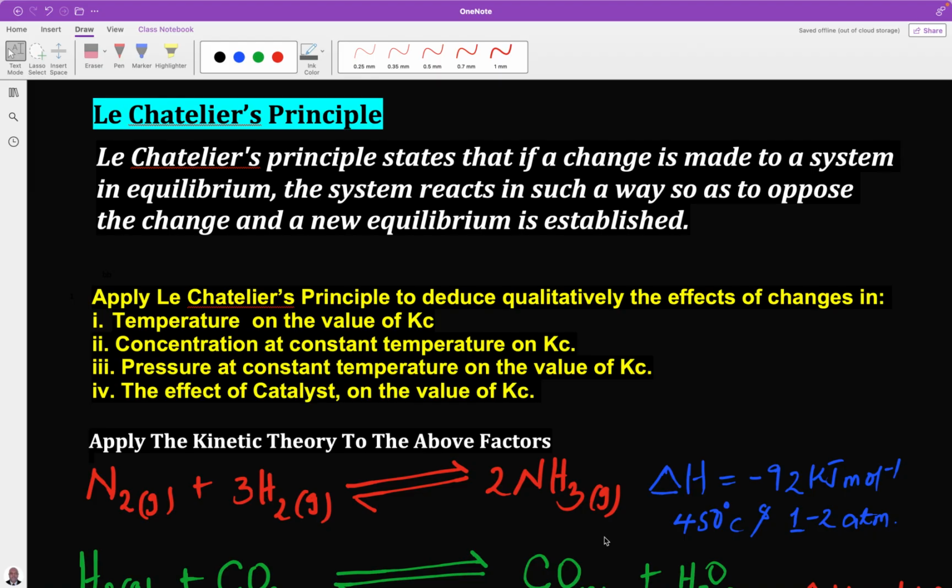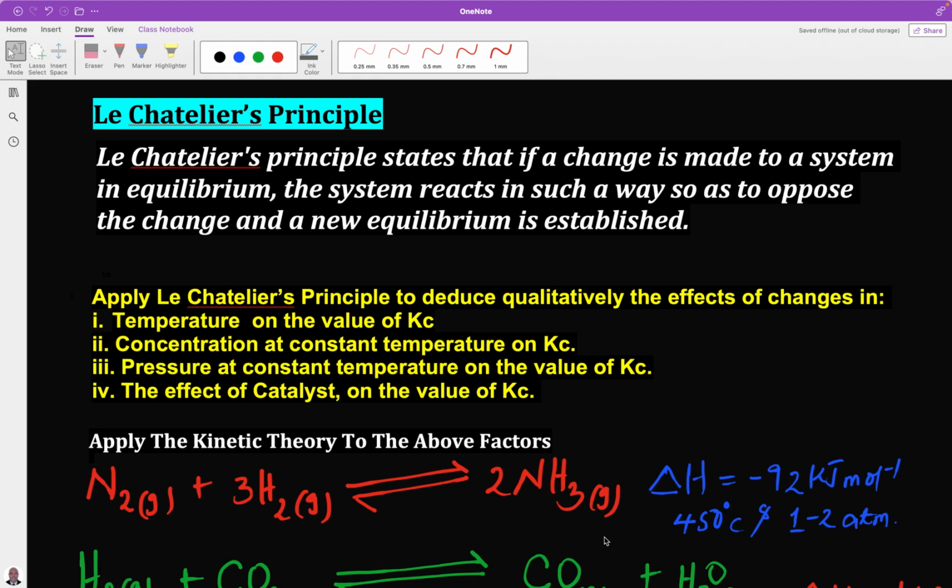If a system is in equilibrium, according to Le Chatelier, any change imposed on a system in equilibrium, it must oppose it. For instance, if there's an increase in a particular condition that is in equilibrium, according to Le Chatelier, the system must react to do what?